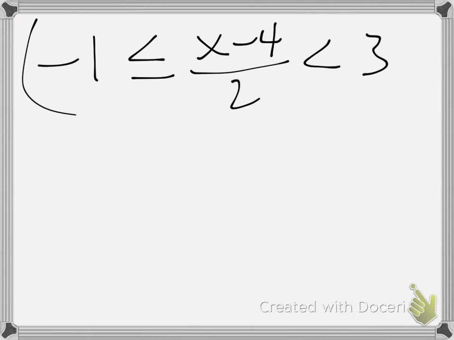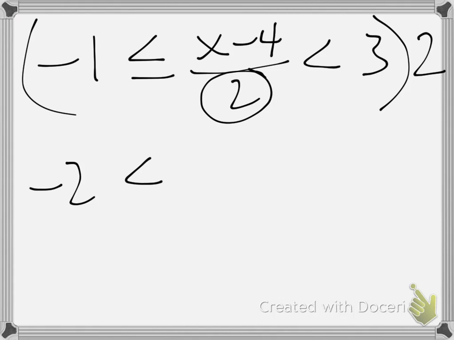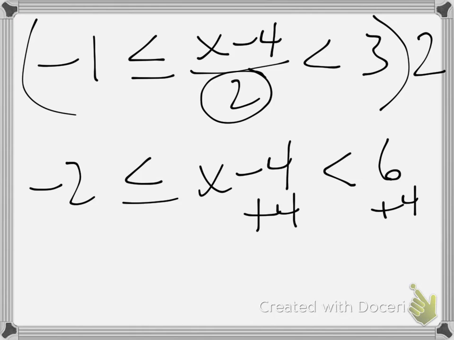So we're going to multiply this entire inequality by 2, because that's the number on the bottom here. So 2 times negative 1 is negative 2. The middle fraction times 2 is just x minus 4. And then 3 times 2 is 6. Now, to get x by itself, we add 4 to all three terms.